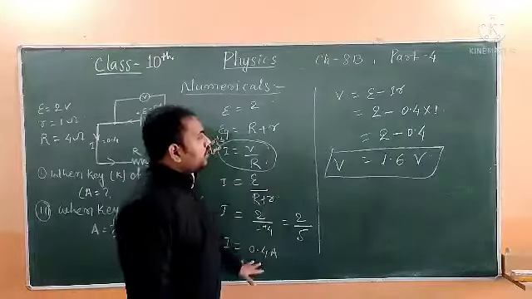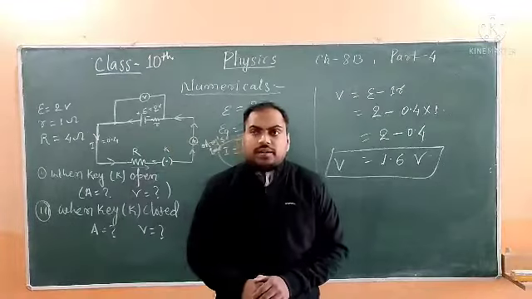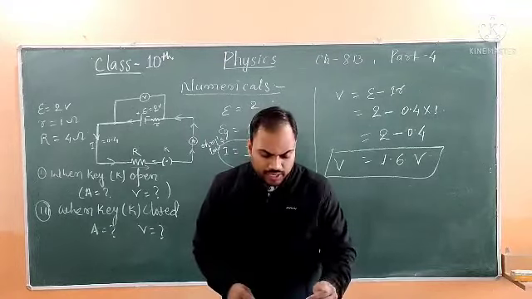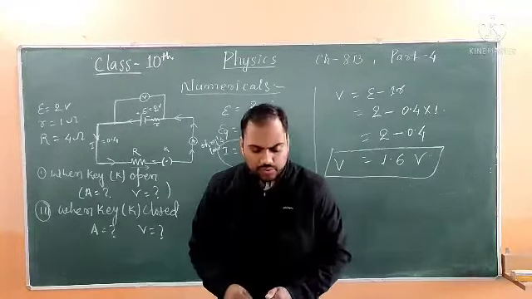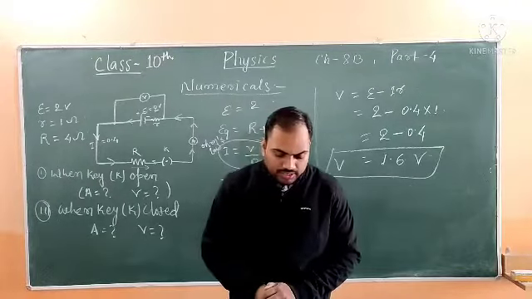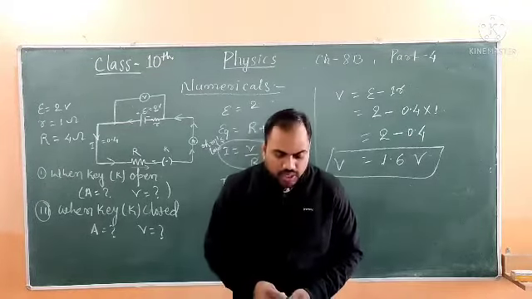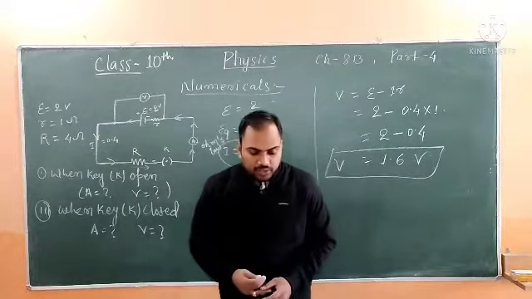From this numerical, you will understand many things, and you will be able to do at least 2, 3, and 4, which are similar to this. Now I am moving to question number 5.